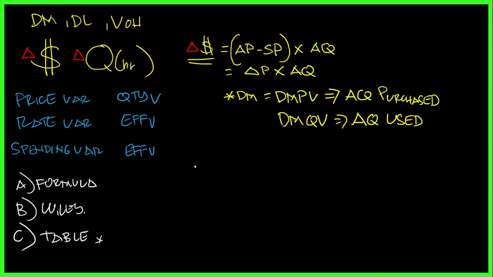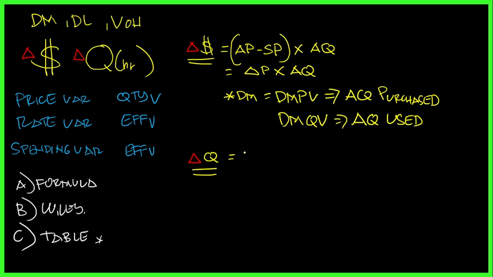Okay, so ayun. Now, if we're computing for the quantity variance or efficiency variance, o saan po manggagaling ulit yon? It will come from the change in your quantity or hours. So, eto na po yung clue natin.